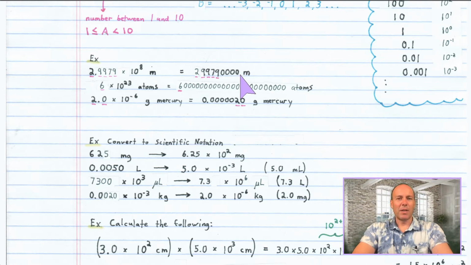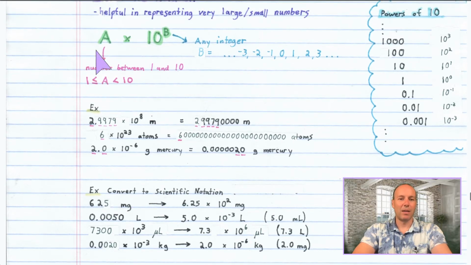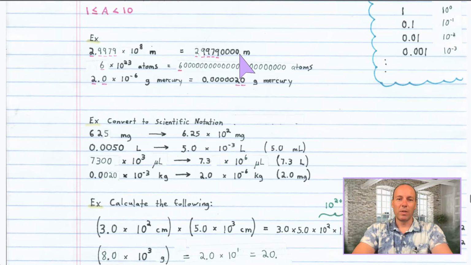And to get to scientific notation, we need to have a number between 1 and 10 multiplied by a power of 10. So the way you do it is you move the decimal point over right there to give you 2.9979. That would be a number between 1 and 10. If you moved it anywhere else, it would not be.